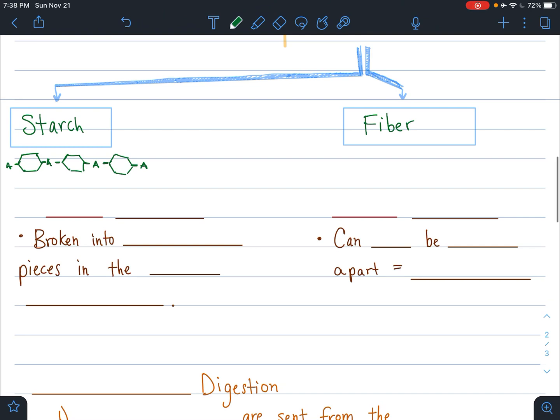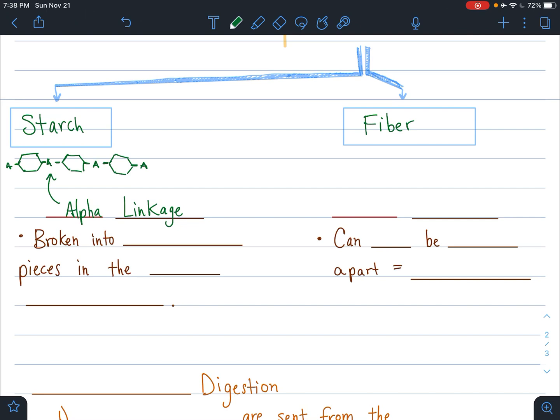And that A bond right there is known as an alpha bond. But here, we're not even going to call it a bond because starches are hardly held together with these bonds. So instead, we call these alpha linkages.